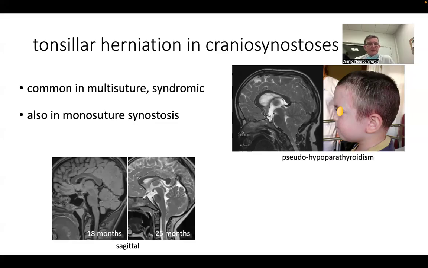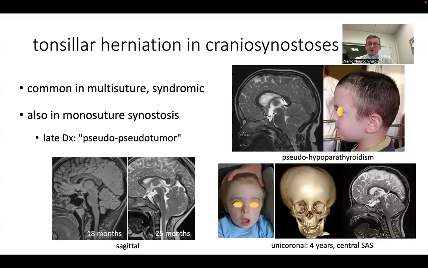And sometimes it can also happen in monosuture synostosis, like in this case of sagittal synostosis, who developed tonsillar herniation within the second year of life. And also it can be found later.